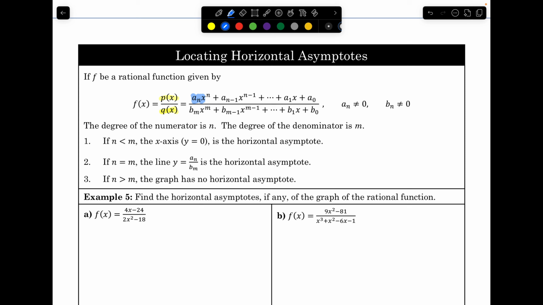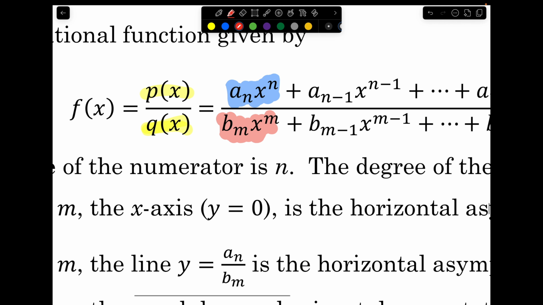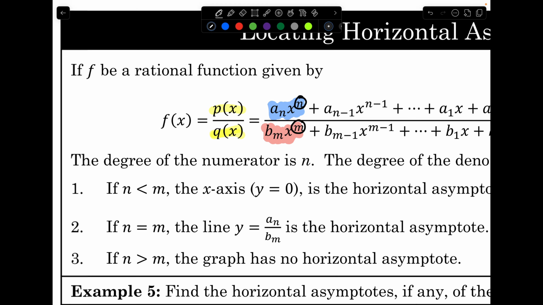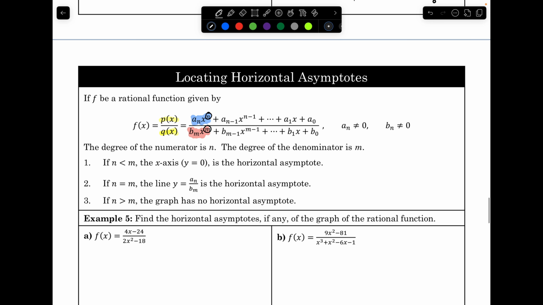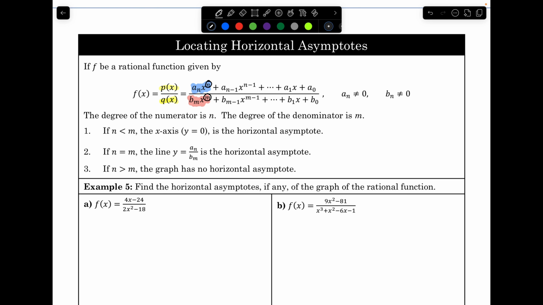If I focus on the leading coefficient in the numerator and the leading coefficient in the denominator, and focus on the individual degrees, this number right there and that number right there, I can determine the location of the horizontal asymptote by one of three conditions.